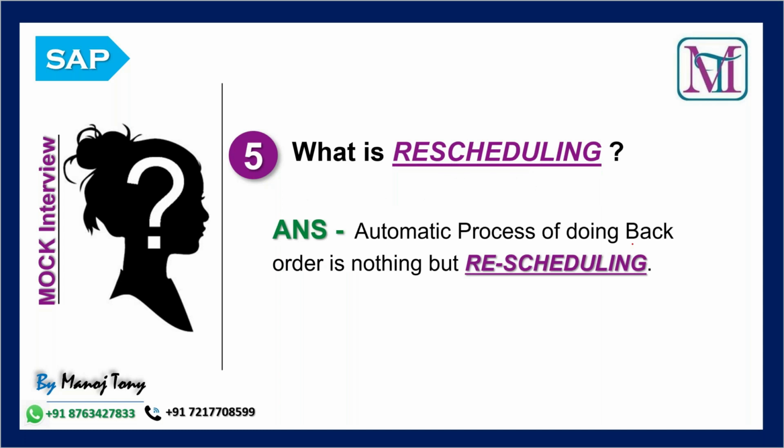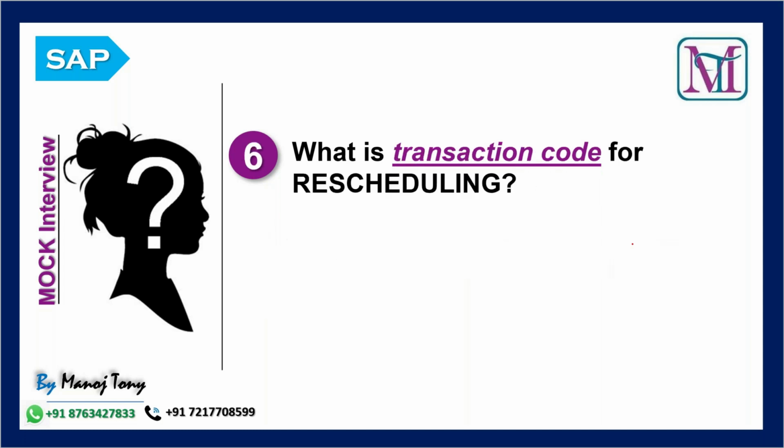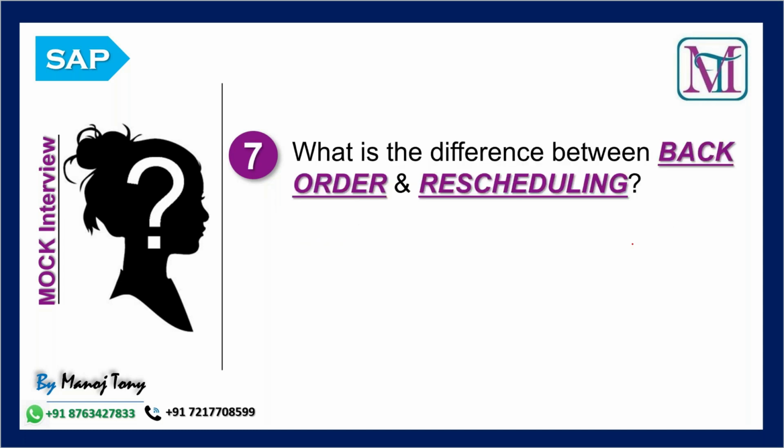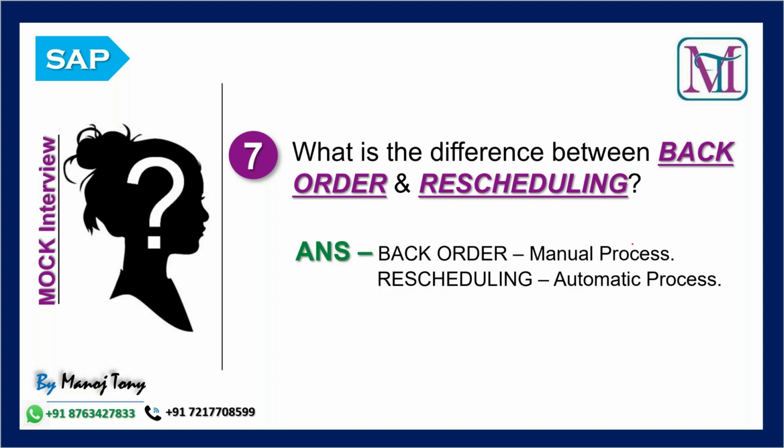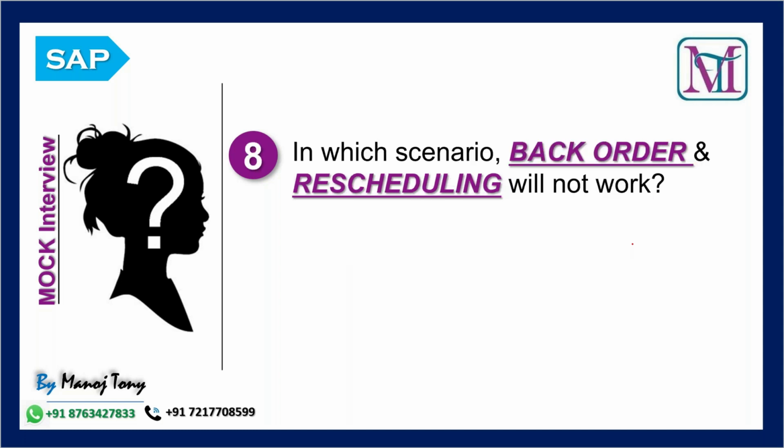What is rescheduling? The automatic process of doing the back order process is nothing but rescheduling. Rescheduling is an automatic process and back order process is a manual process. What is the transaction code for rescheduling? V_V2. Next question, what is the difference between back order process and rescheduling? Back order process we do manually, rescheduling is the automatic process of back order. In which scenario will back order process and rescheduling not work?